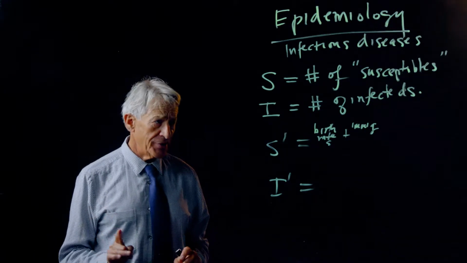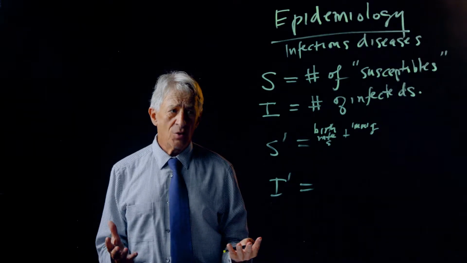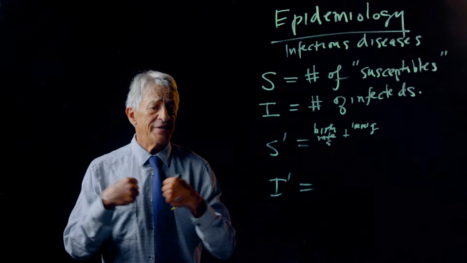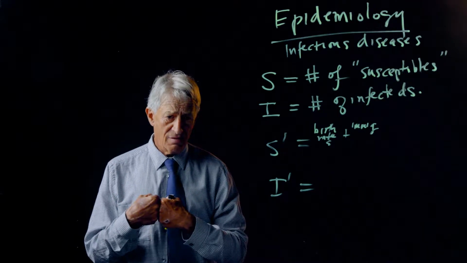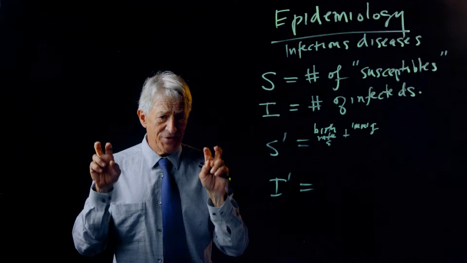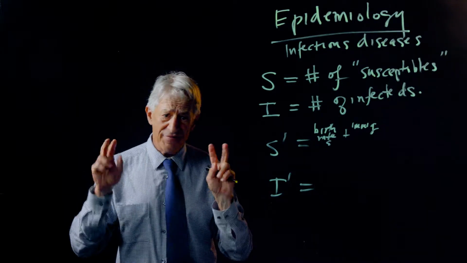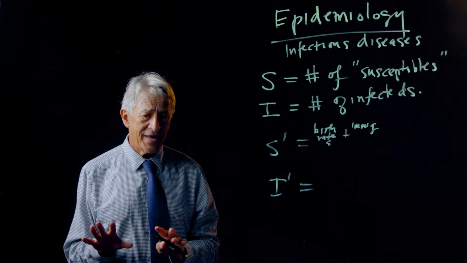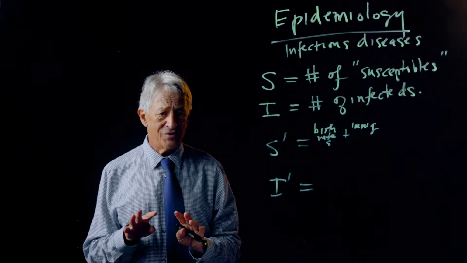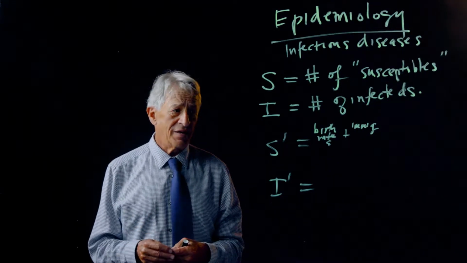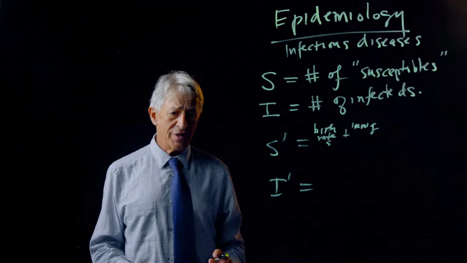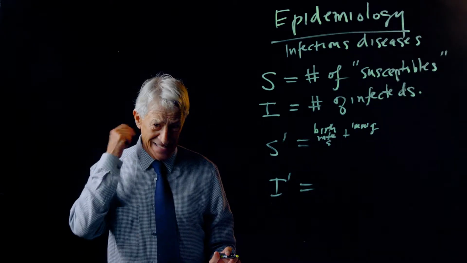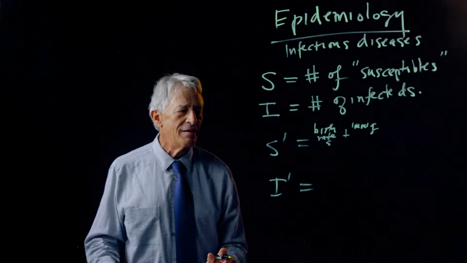And the answer is an event whereby a susceptible bumps into an infected. And the precise definition of bumps into varies from disease to disease. In the case of HIV, that means sexual contact. In the case of the flu, it means getting inside the sneezing radius of an infected person.